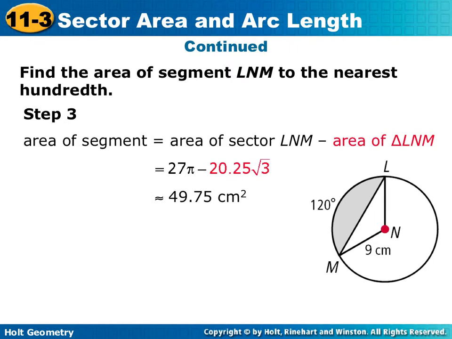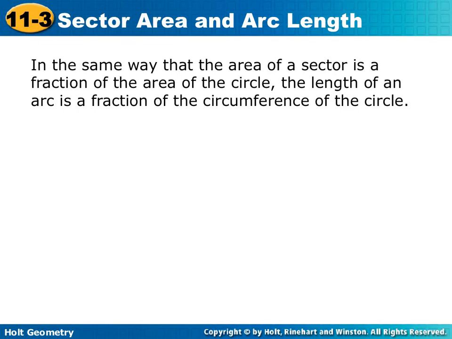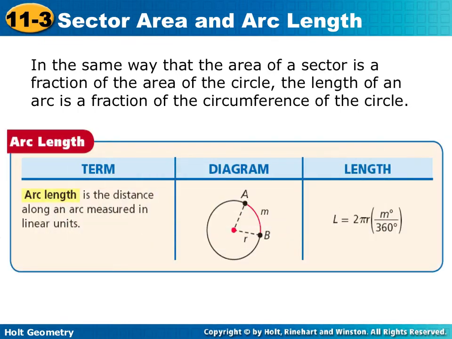Got 3 examples on the board of those segments of a circle. When we try and find how long the arc is, it's just like the fraction of the area, but it's a fraction of the circumference. Arc length is the distance along an arc measured in linear units. So how long is the crust of that pizza or that pie? How many inches?